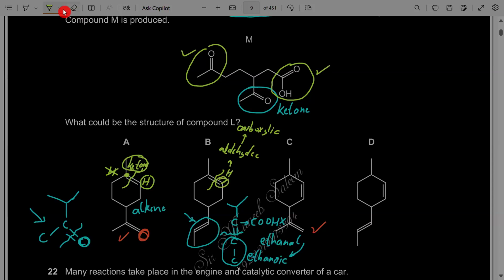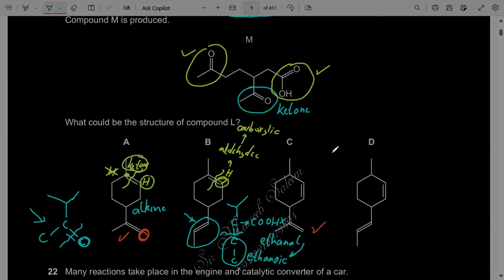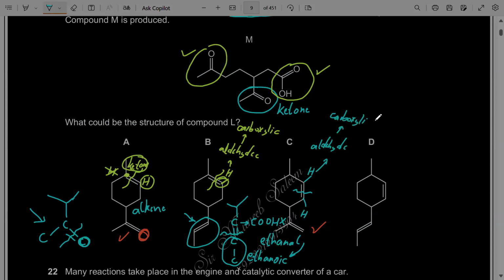But if we consider the other structure type, it will produce carboxylic acid because there is a hydrogen atom over here and another hydrogen atom over here. So both of these parts will produce aldehyde first and then carboxylic acid, which means there is no formation of ketone. We required a ketone on one side, but there is no formation of ketone at this point.